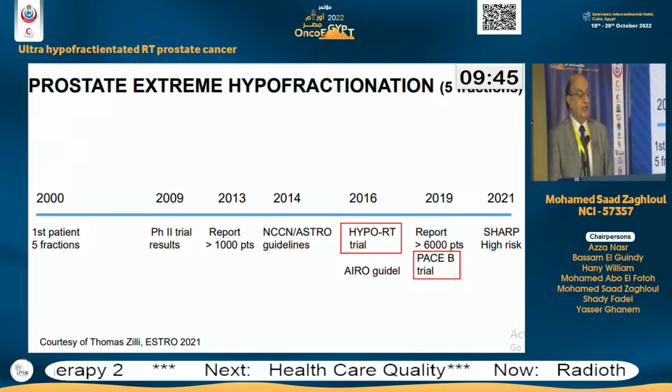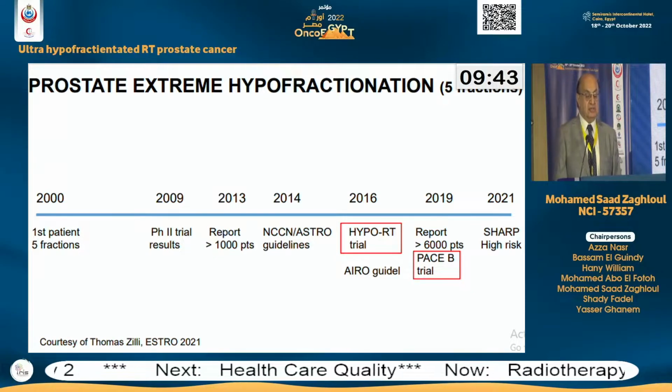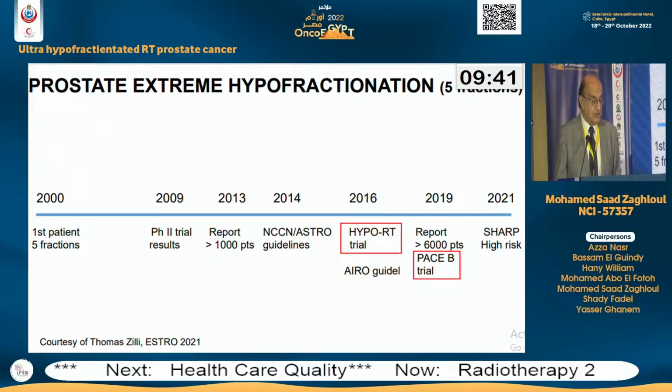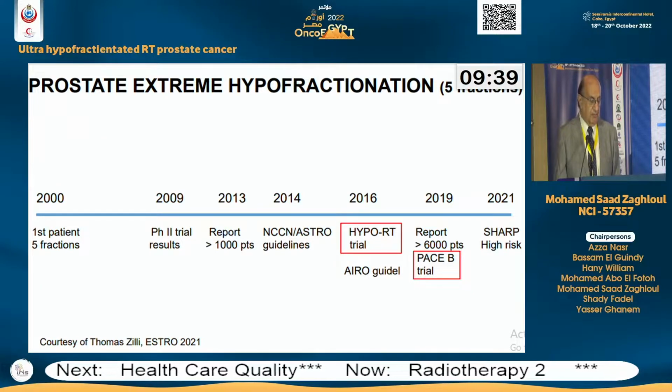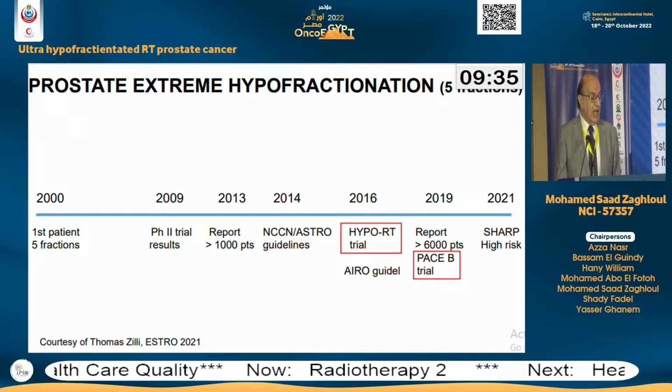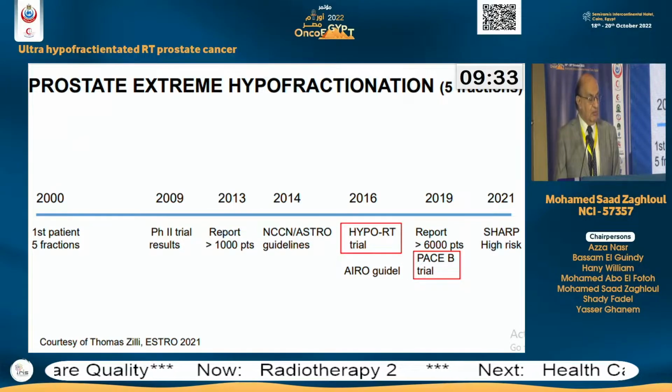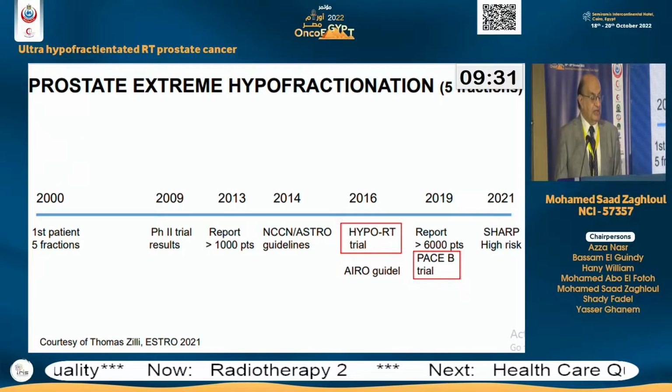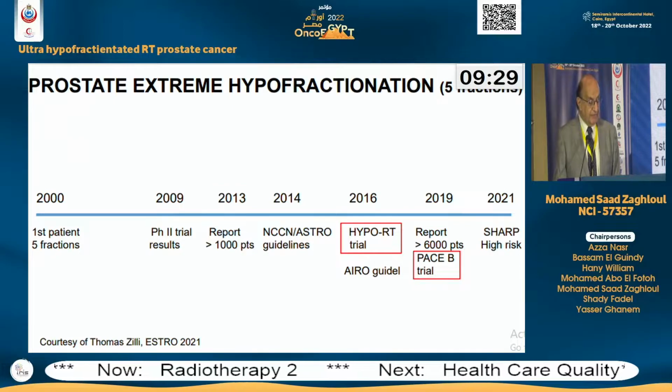For extreme hypofractionation, giving 5 fractions per treatment started in 2000, when the first patient had the 5 fractions.